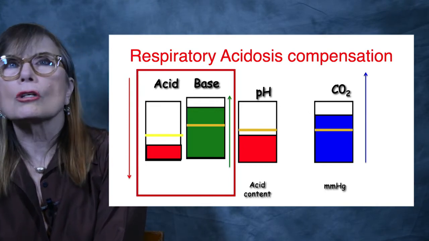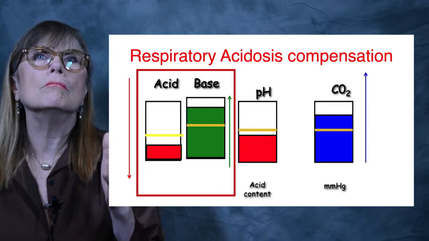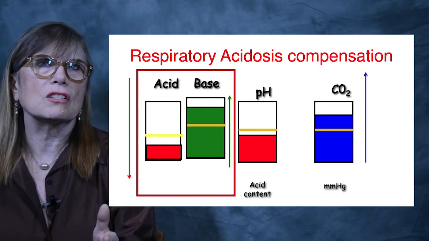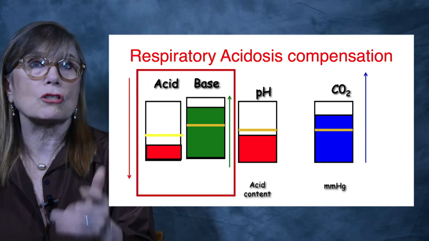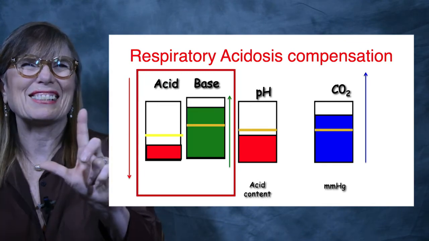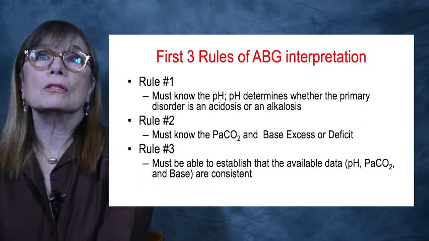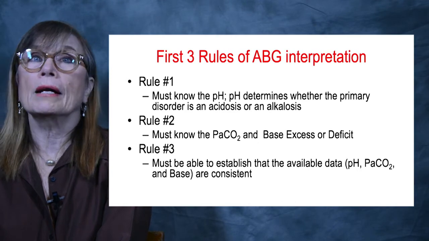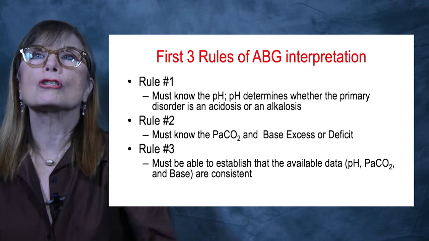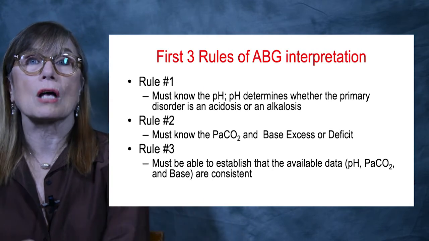Now, because this is a short talk, we're really going to talk about the two most important deficits that we see in our critical patients: metabolic acidosis and respiratory acidosis. Okay, so first three rules of ABG. Rule 1, got to know the pH. pH determines whether the primary disorder is on the acid side or the alkaline side.